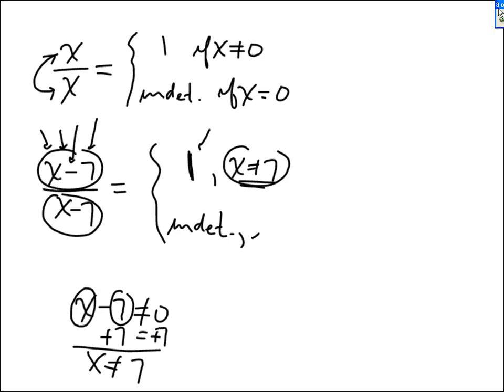That's indeterminate. It's indeterminate if x is 7. So be careful about crossing things out like that and calling it 1. It may not always be 1.